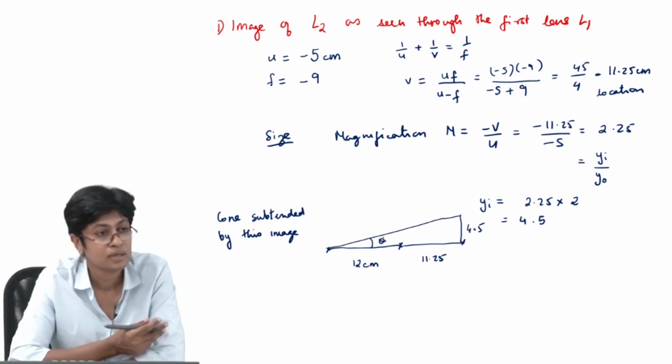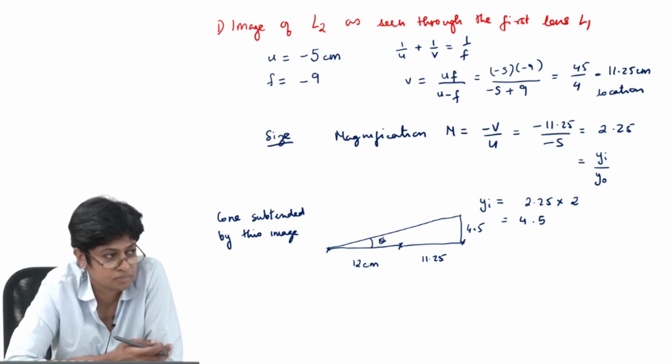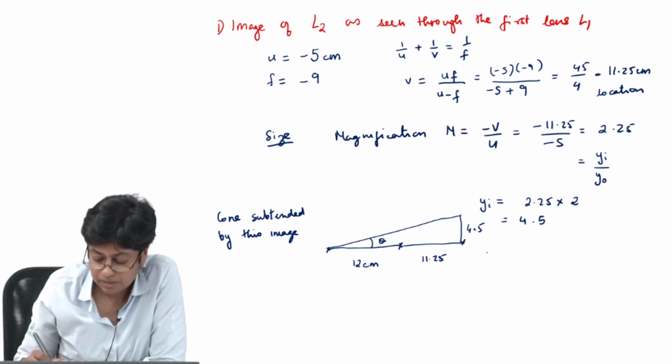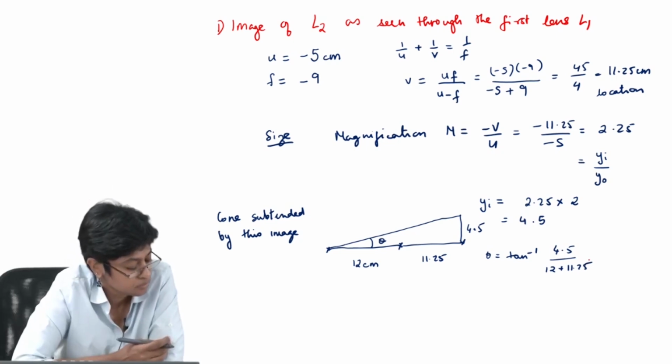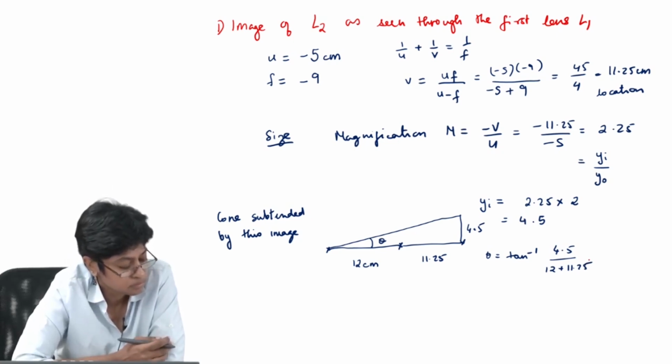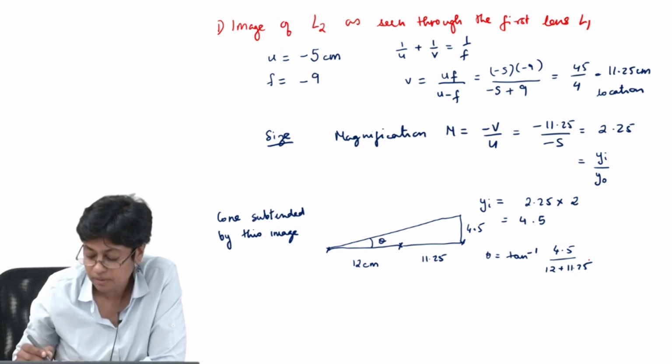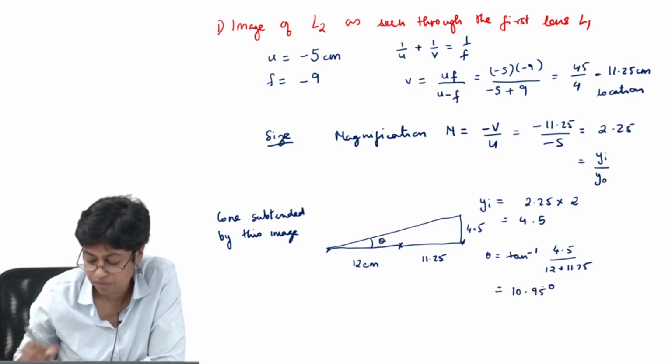This is the angle subtended by the image. So, I am interested in theta, which is tan inverse of 4.5 by 12 plus 11.25, and this turns out to be 10.95 degrees.